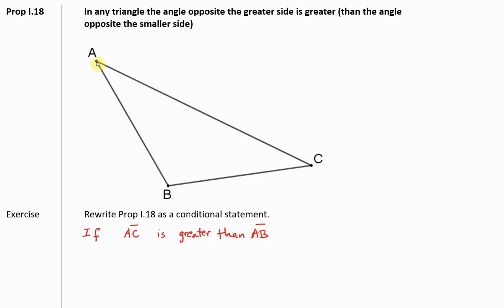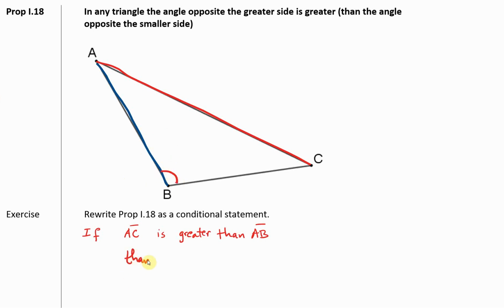So let's say that AC is the longer length, and compared to AB, this is the smaller length. Then what this statement is saying, the angle opposite the greater side, so the angle opposite of the red line is this angle here, okay?